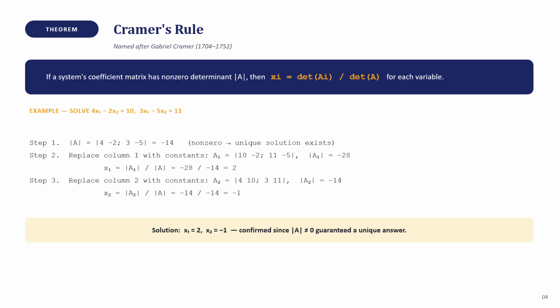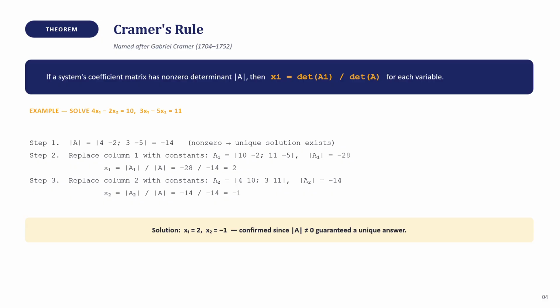Now replace column 2 with the constants. A sub 2 has rows 4, 10 and 3, 11. A sub 2 is equal to 44 minus 30, which gives us 14. So x sub 2 is equal to det A sub 2 over det A, which gives us 14 over negative 14, which is negative 1.